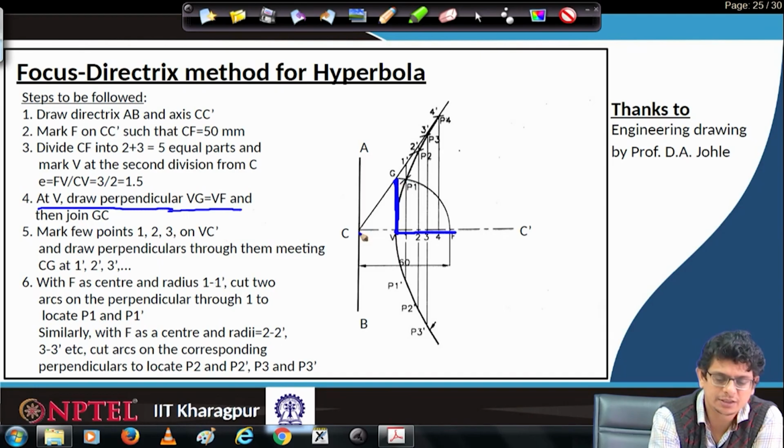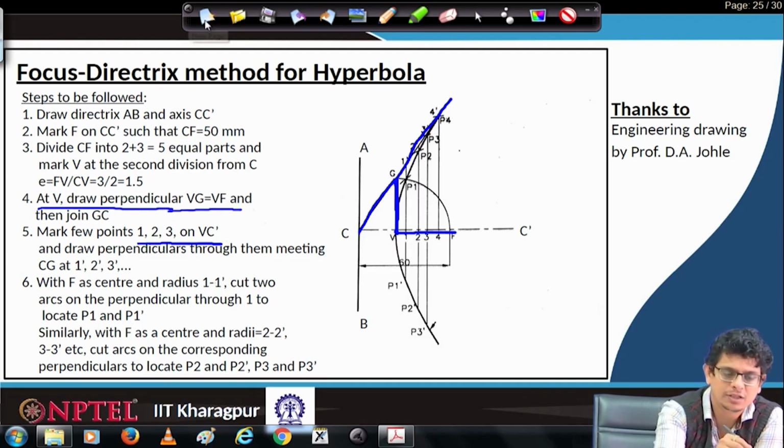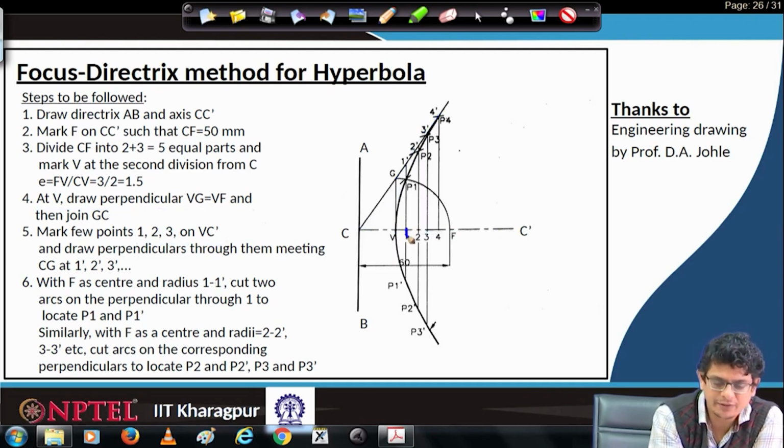Then join G and C. Then mark a few points 1, 2, 3 on VC prime. V point is known, C prime point is known, so we divide it into different numbers of parts.